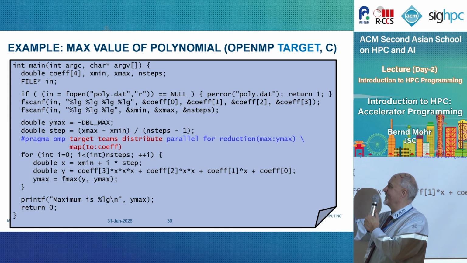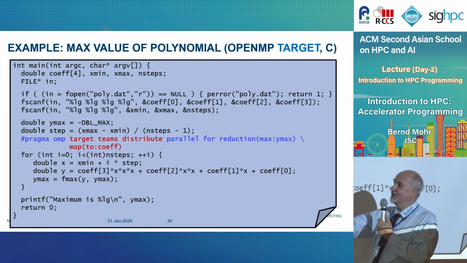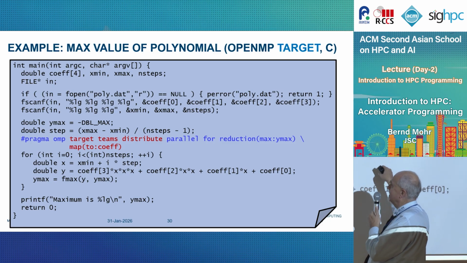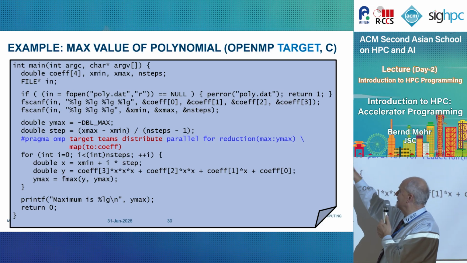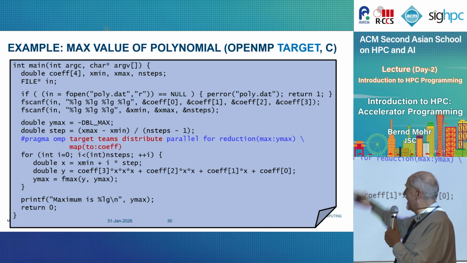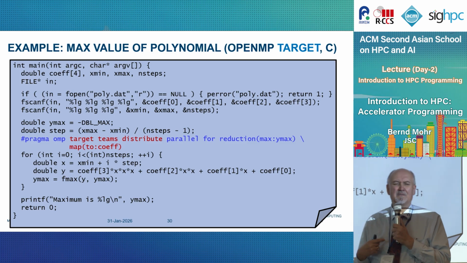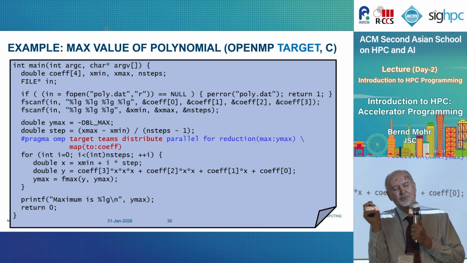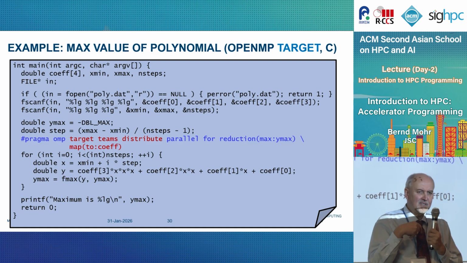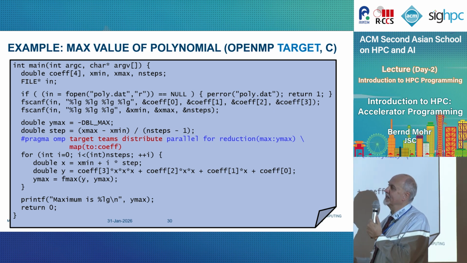I want to distribute it on different teams, and then do this parallel for reduction on the GPU. So it means take the parallel for reduction, put it on the target, and there distribute it to the teams on the GPU. Then for that code, you probably have to specify with an environment variable or a compiler flag whether it should generate code for AMD or NVIDIA. But then it does it for you. If you're happy with these simple things, you can do it.